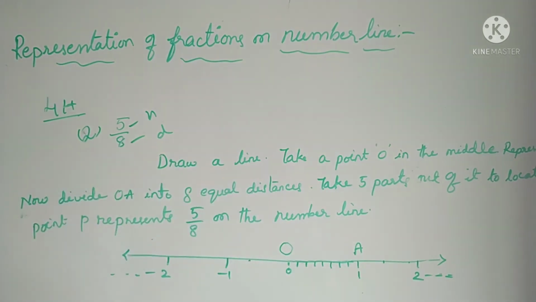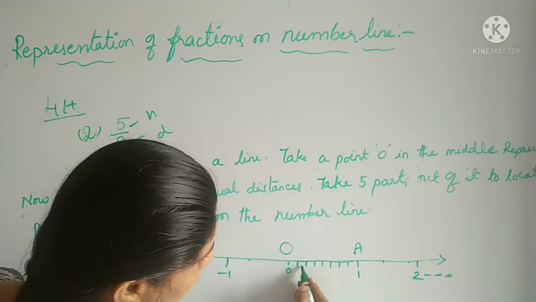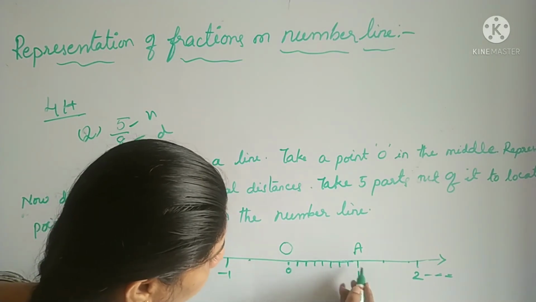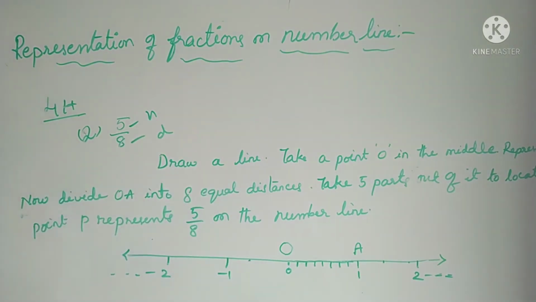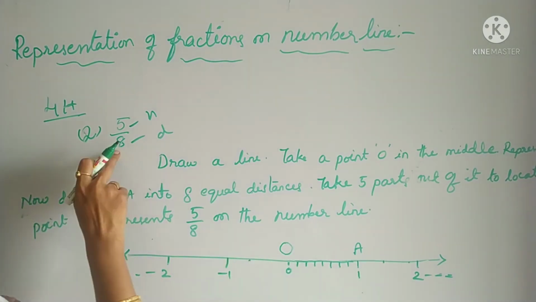I have divided it into 8 equal parts: 1, 2, 3, 4, 5, 6, 7, 8. The OA line I have divided into 8 equal parts.